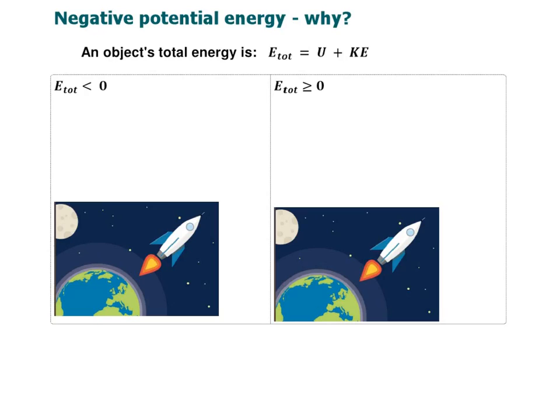So let's look at this scenario over here on the left-hand side first, where the total energy is less than zero. Now, total energy can be less than zero because gravitational potential energy is always less than zero.